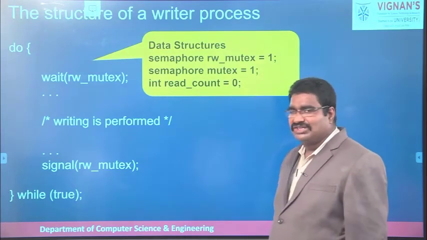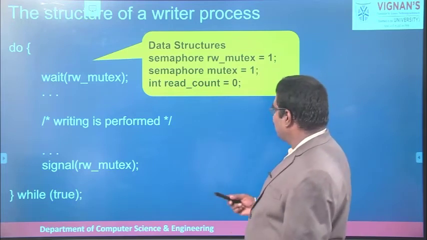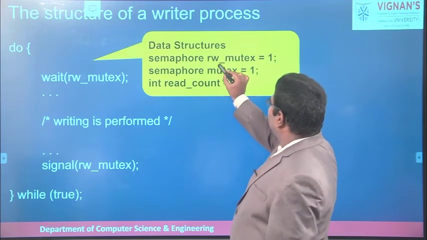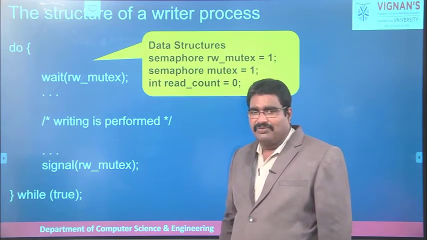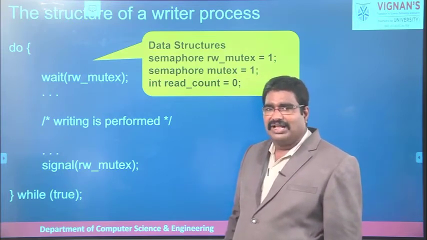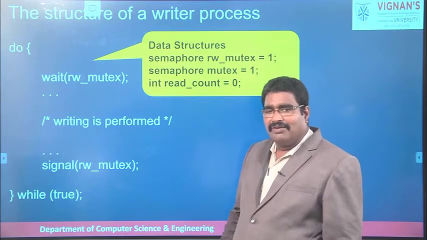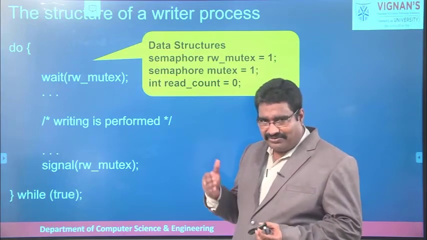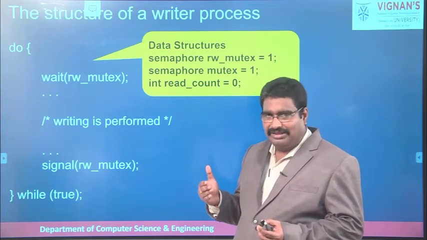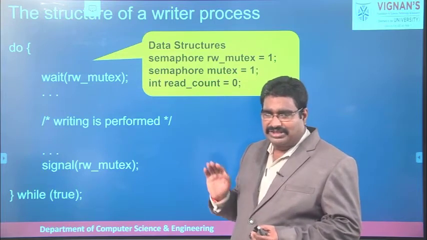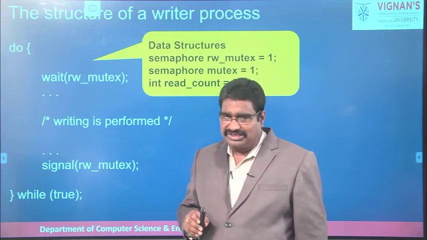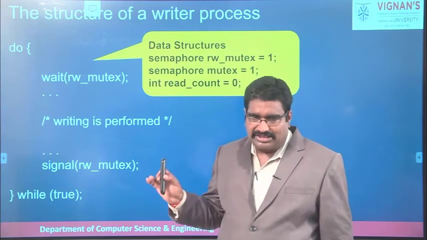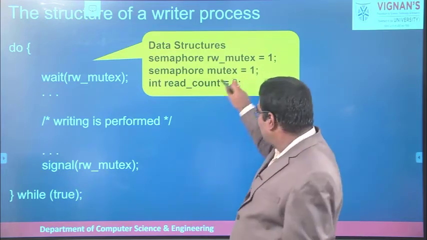And what are the data structures we use in the writers problem? We are using the RW mutex. It is a binary semaphore. RW is nothing but reader-writer. Before allowing any writer or reader, we use the RW mutex, a binary semaphore. We call wait on RW mutex. So, RW mutex is a binary semaphore and its initial value is 1.